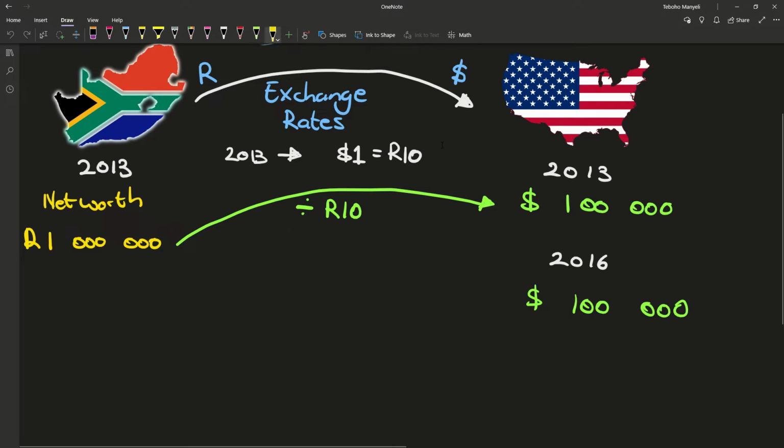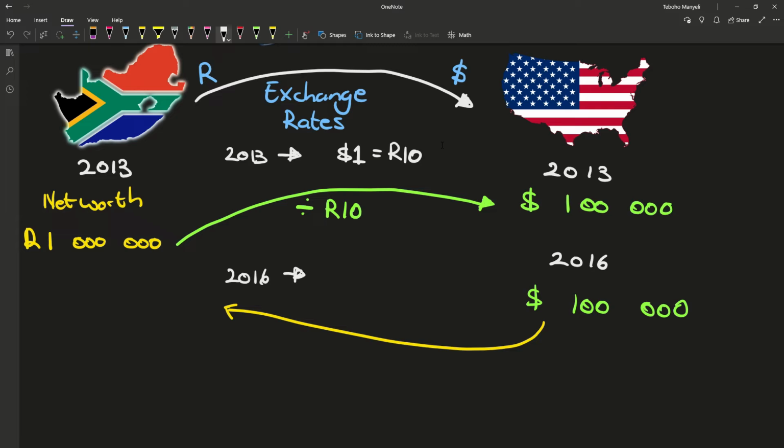And you're trying to convert this money back into rands because now you need to fly back from America and go back to South Africa. But now the new exchange rate in 2016 is sitting at $1 is now equivalent to 17 rands, which makes a difference because when we started off with 10 rands, which we're going to subtract from the 17 rands, that gives you a difference of 7 rands.